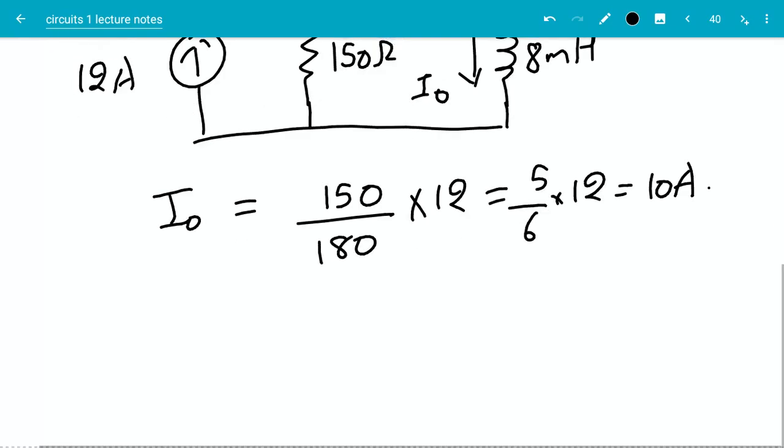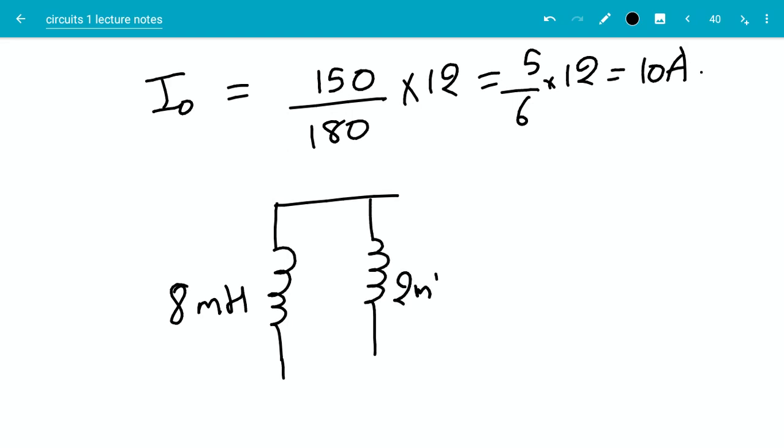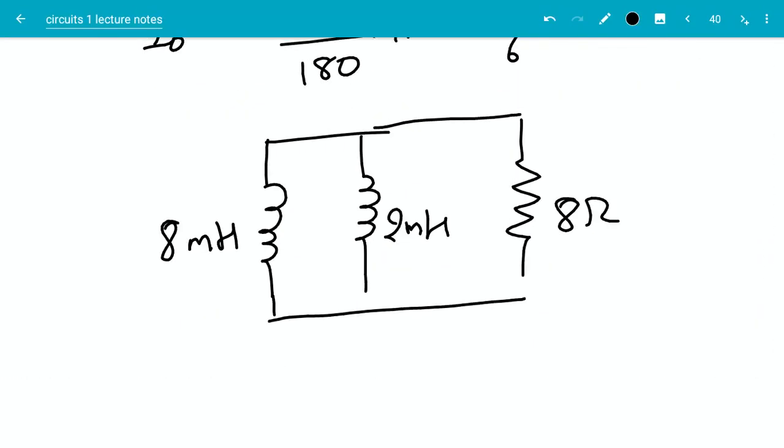I have an 8 millihenry inductor here, and I'm going to rearrange the circuit a little bit, with 2 millihenry here and the 8 ohm resistor here. Just as the switch is closed, there will be 10 amps of current going through here, and no current here and no current here.